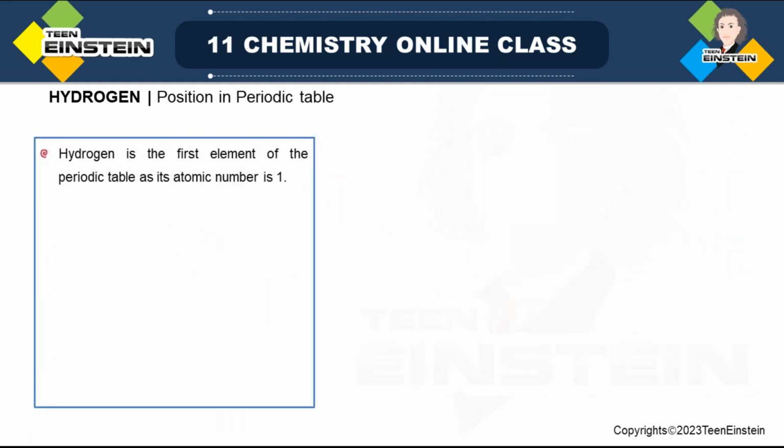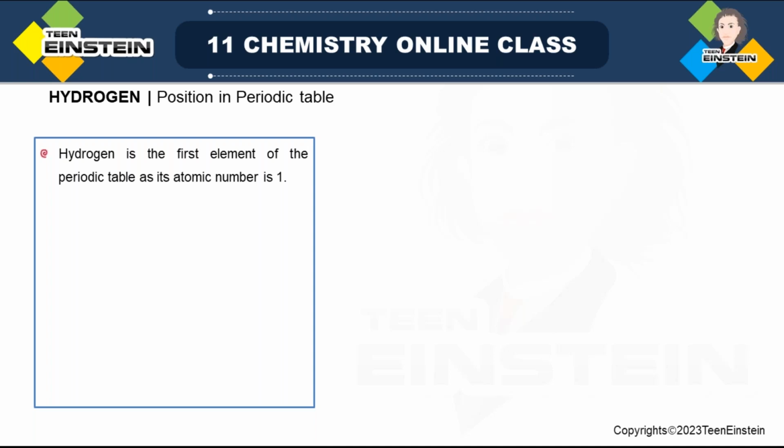Next we will see its position in the periodic table. This is the only element whose position in the periodic table is very controversial. And why is it controversial? When we place hydrogen in the periodic table, obviously it is based on atomic number, and according to that it should be placed with the alkali metals, on the left hand side extreme.